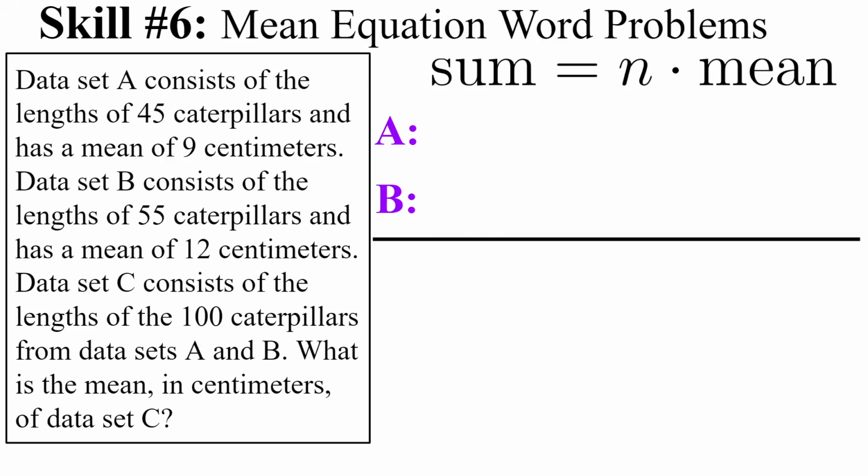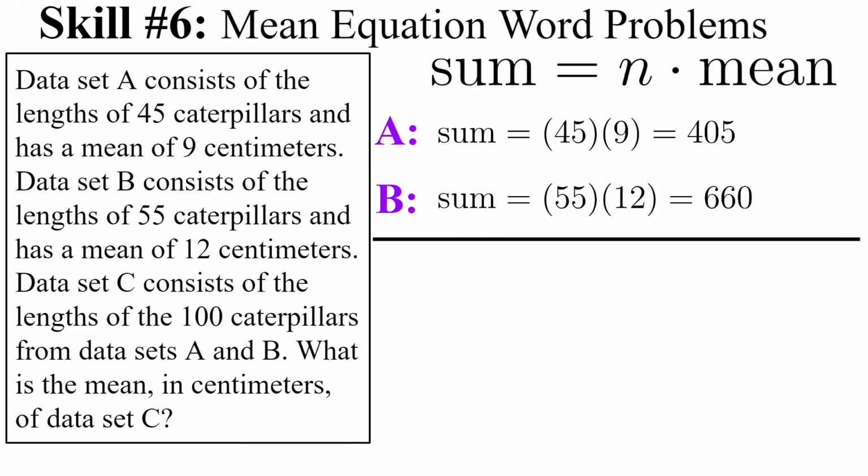That's the thing we're missing, right? So we're going to do sum equals n times mean for both of them. So 45 caterpillars, mean of 9. So 45 times 9, that's 405. For data set B, we've got 55 times 12, which gives us 660. And remember what I said, guys, the combined sum, you just add them together. So the sum of data set C is 1065.